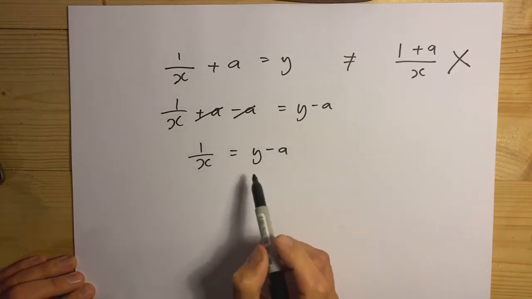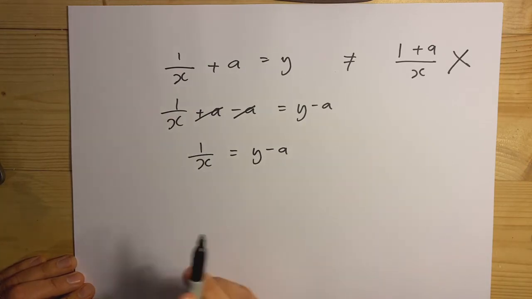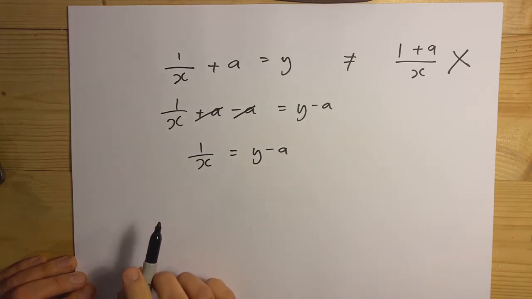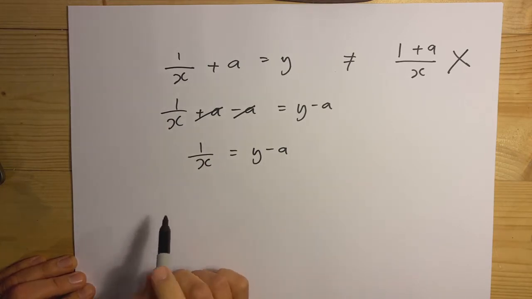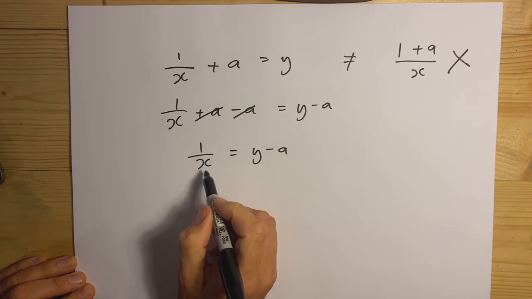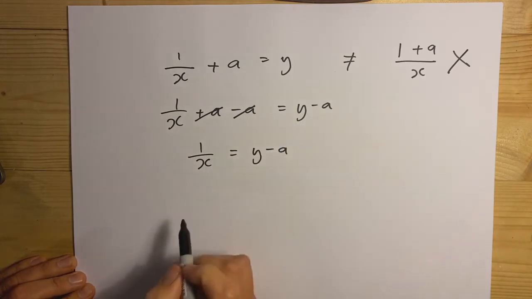Okay, now we're nearly there, but we've got 1 over x equals y minus a. We want to get x on the numerator. One way we could do that is multiply both sides by x, and that will get x up at the top.